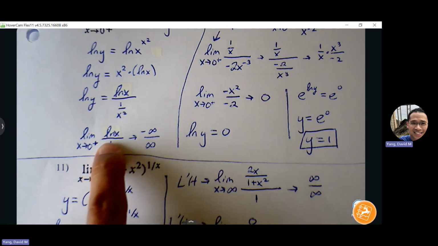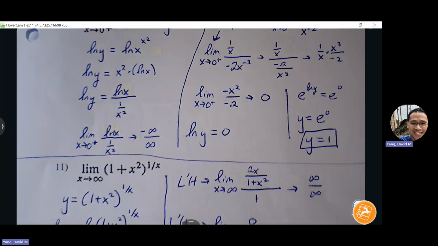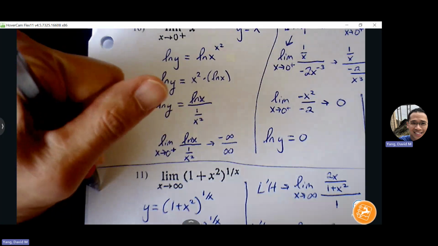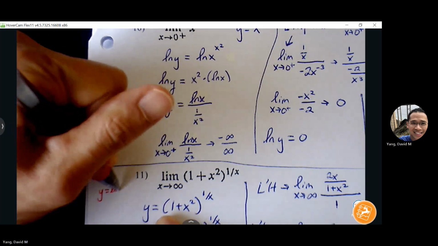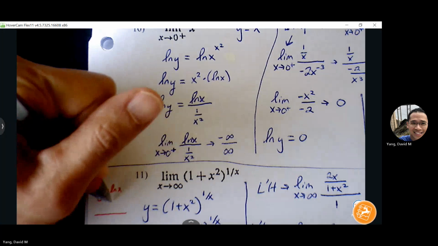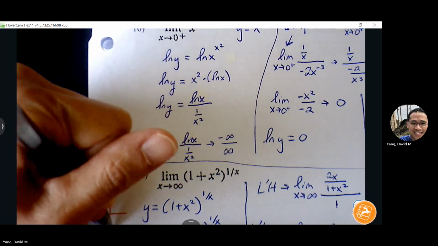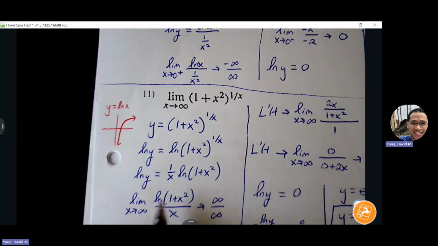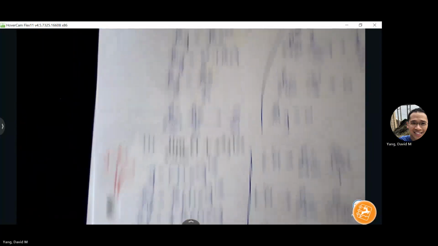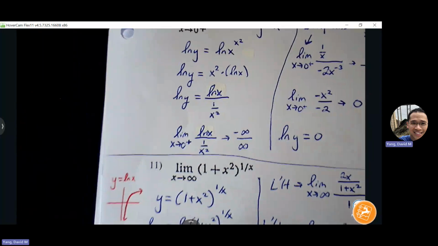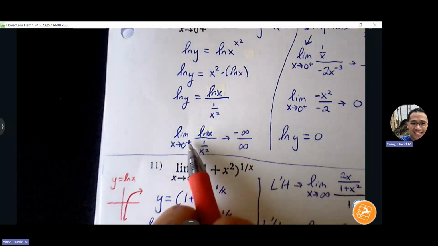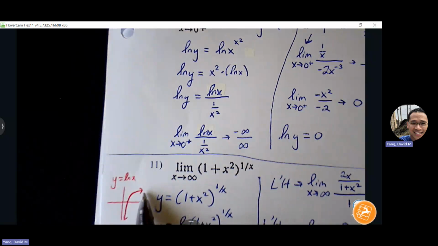And here, the limit as x approaches 0 from the right side of natural log of x. If you think about what natural log of x looks like, here's the natural log of x graph. So if I'm approaching 0 from the right side of 0, that means my natural log of x graph is going in this direction, right?